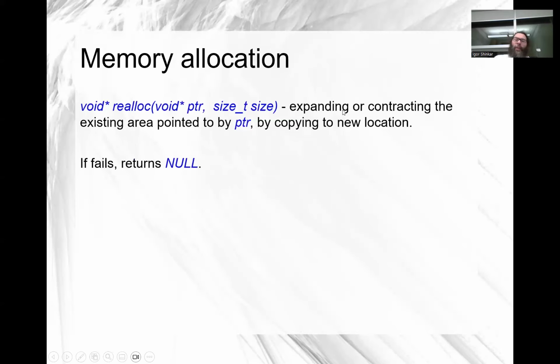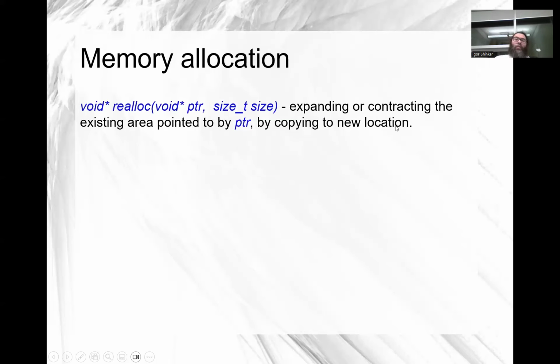It does not only expand, it also does contracting. Namely, if you had 20 ints, but you need only 10, you will say realloc this pointer to point to only 10 ints and not 20. So you'll put 10 times size of int, and it will give you a pointer to this new position. Oh yeah, and it will copy the first 10 ints.